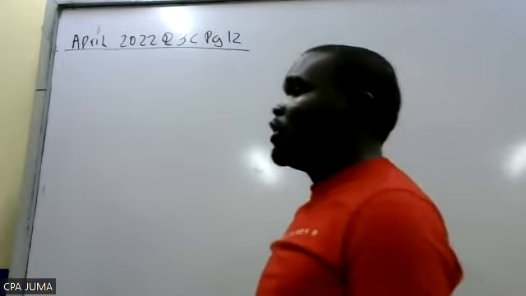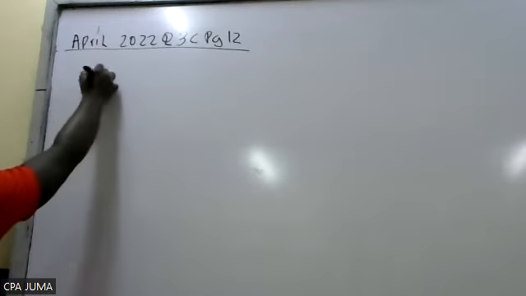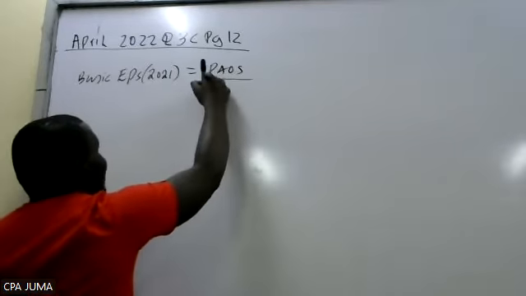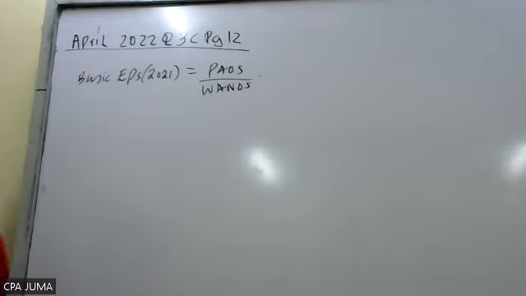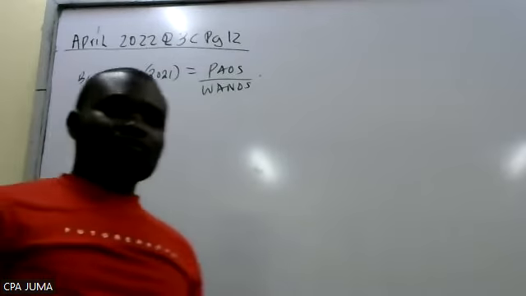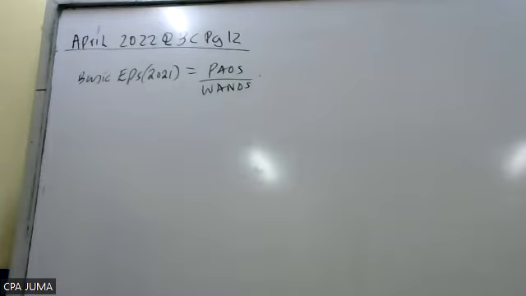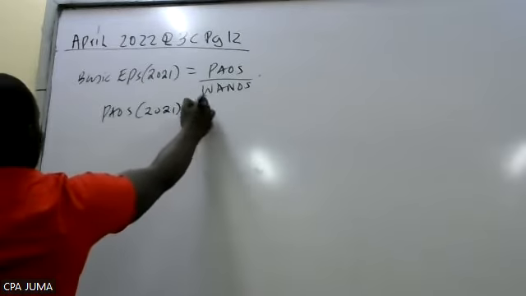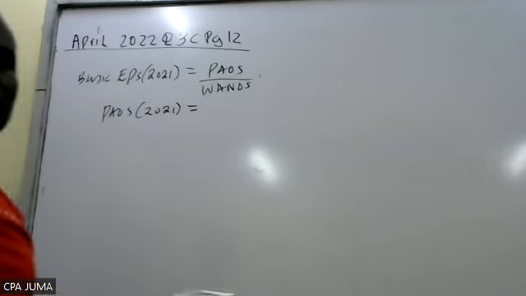So let's kick off. Nothing to fear. So basic EPS 2021 will be the profit over the number of ordinary shares. Check the additional information number 1.